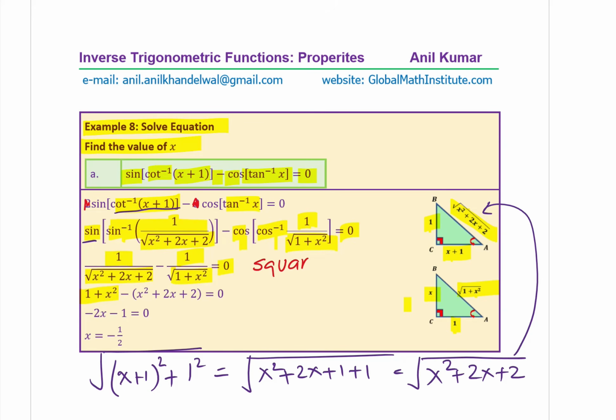Otherwise, there is a problem here, right? So I should rewrite this kind of like this. I missed a step here. So we'll say this could be written as 1 over square root of x squared plus 2x plus 2 equals to 1 over square root of 1 plus x squared, correct? So first you write like this and then square both sides.